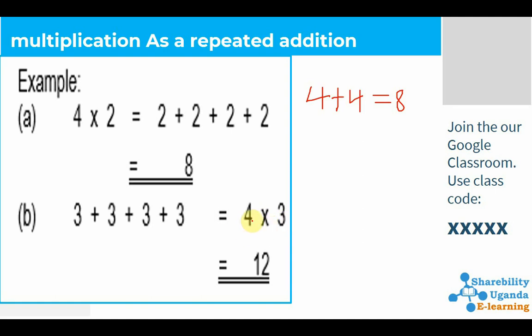It is still the same as when you say 4 plus 4, 3 times, and we add this. 4 plus 4 is 8, and 8 plus 4 is 12.